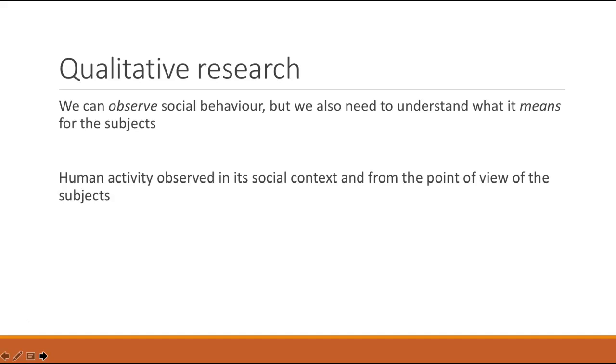The emphasis in qualitative research is to understand the meaning of human activity from the perspective of its subjects. One of the pioneers of qualitative research, the German sociologist Max Weber, used the German word verstehen, which translates as understanding or meaning, to stress the foundation of qualitative research.